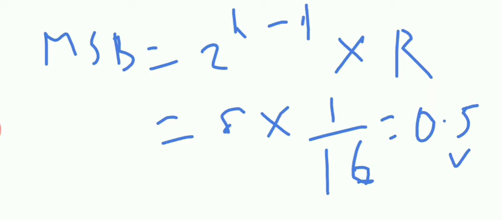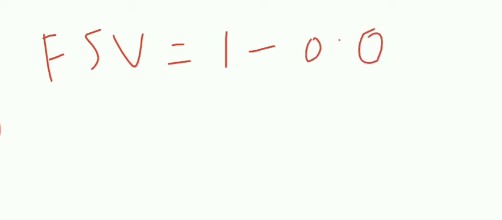And next they asked is full scale output. Full scale output voltage is the difference between maximum and minimum value. Minimum is nothing but your resolution or step size or LSB value. Maximum is 0 to 1 volt they have given, so maximum is 1 volt. Minimum, first we found, is 0.0625.